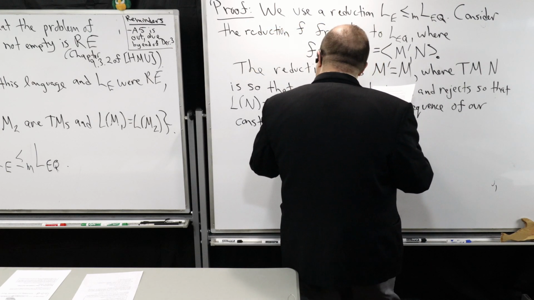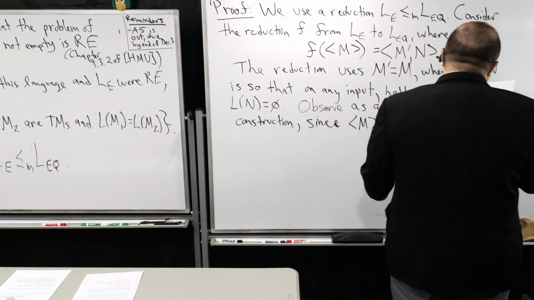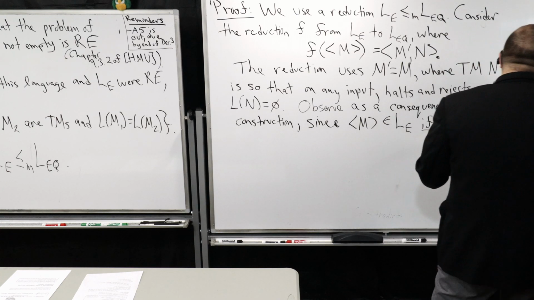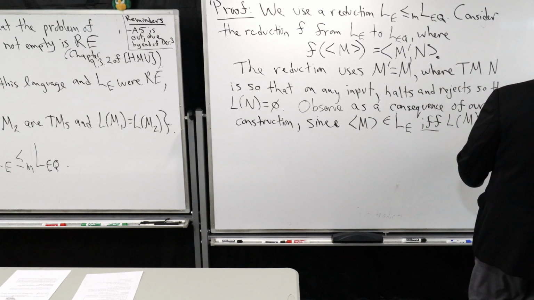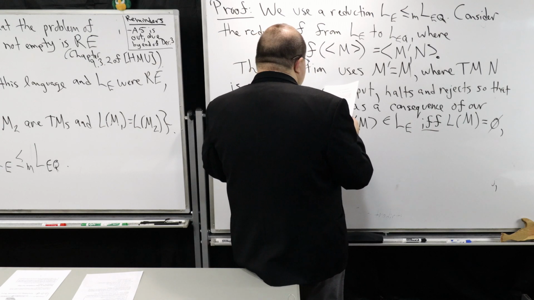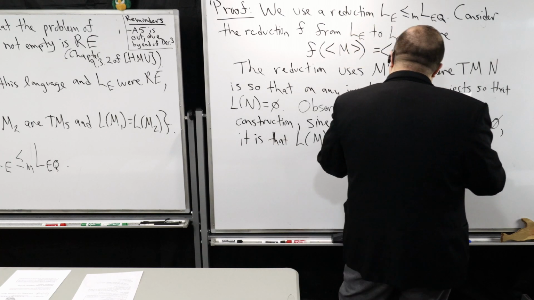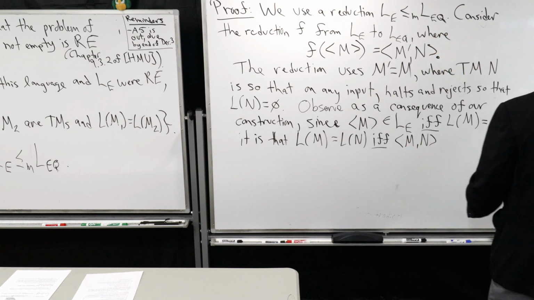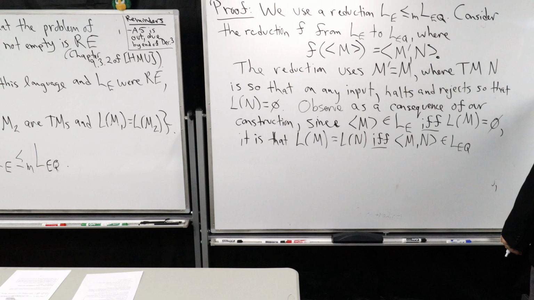As a consequence of our construction, since the description of, so if I give you M, I tell you that it's in LE if and only if L of M is equal to the empty set, or empty language, it is that the language of M is equal to the language of N if and only if M and N, keep in mind, M is equal to M prime, so I'm just going to write M here, is in the language of LEQ.